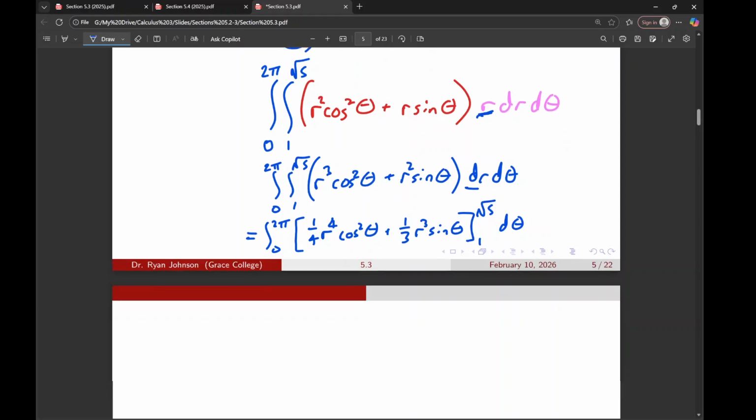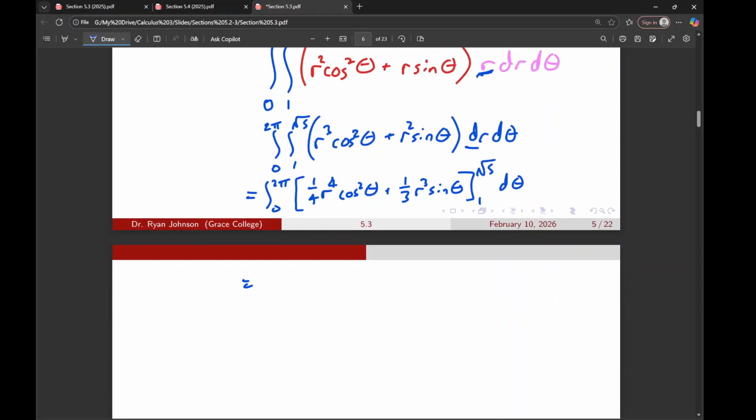Still have a d theta, and let me move my integral over since this is going to start getting messier and messier.